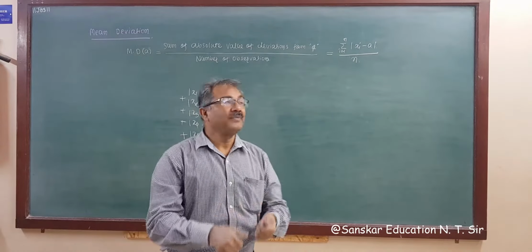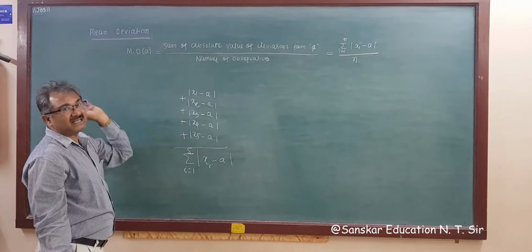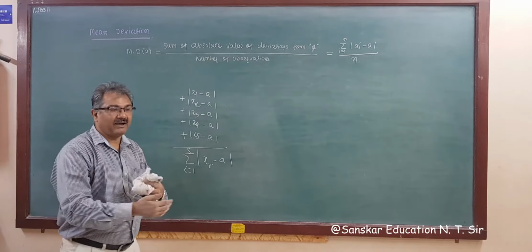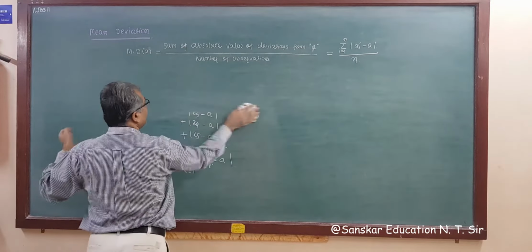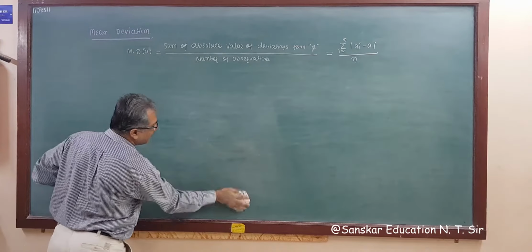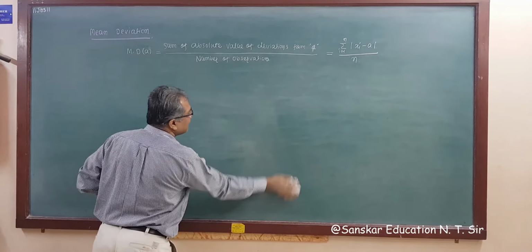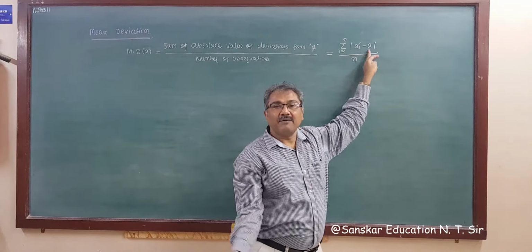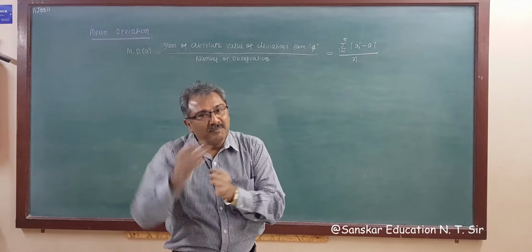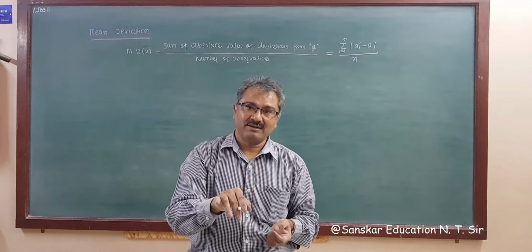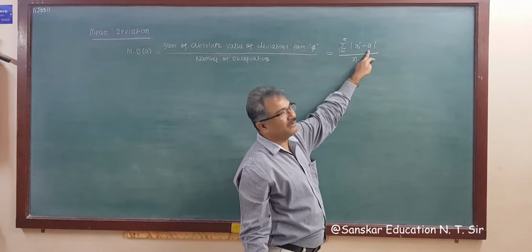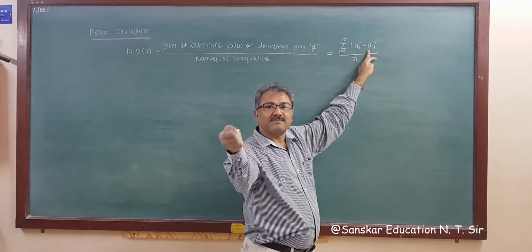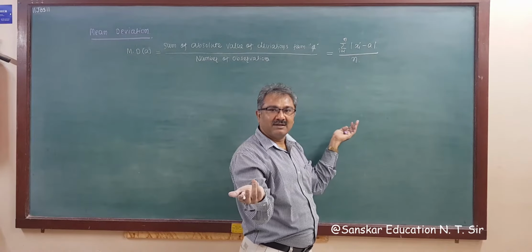So this is the formula for the mean deviation about a given point A. But we have two types of mean deviation: one is the mean deviation about the mean and another is the mean deviation about the median. So instead of this A, our two points are the median and the mean. Instead of A, if the median is given, we write M, and if the mean is given, then x bar.